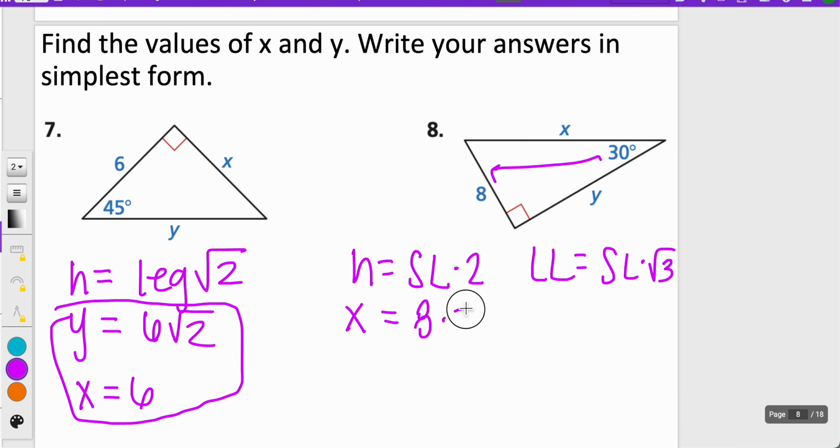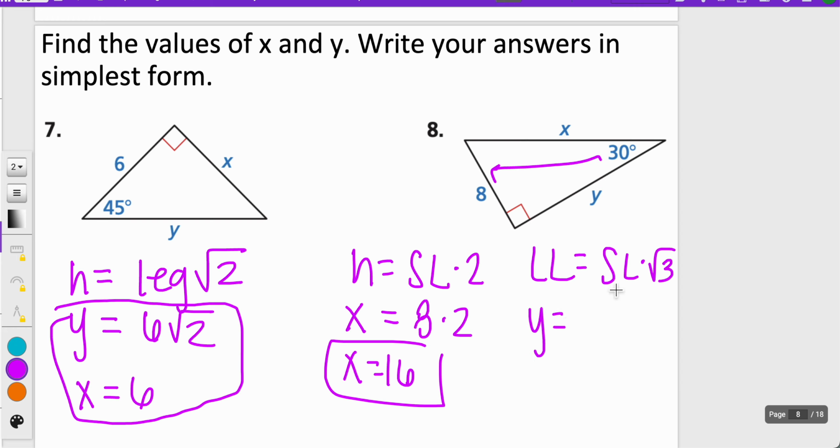So 8 times 2 gives me 16. And then for y, that's my long leg. So y is equal to short leg, which is now 8, and then square root 3. Can't simplify that one anymore, so y is equal to 8 square root 3. Okay?